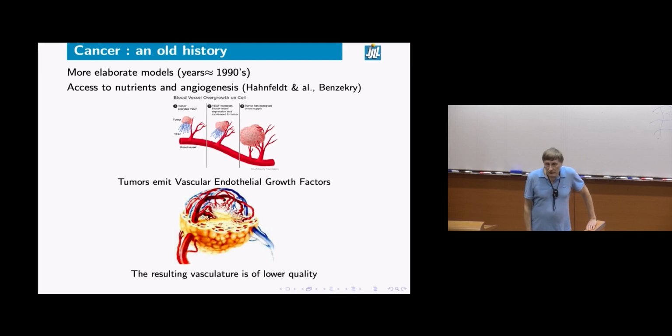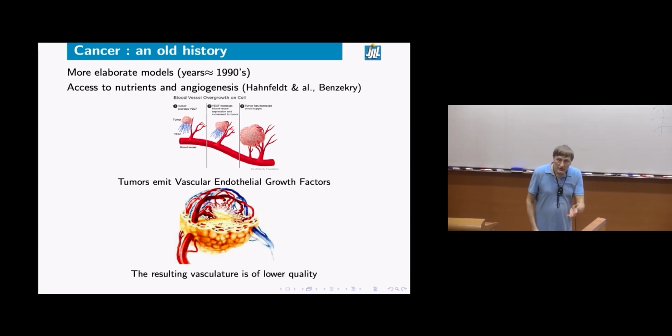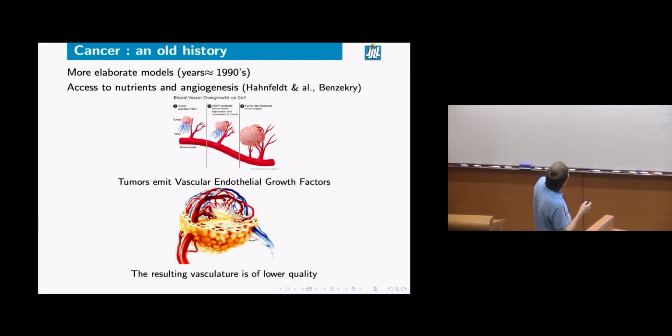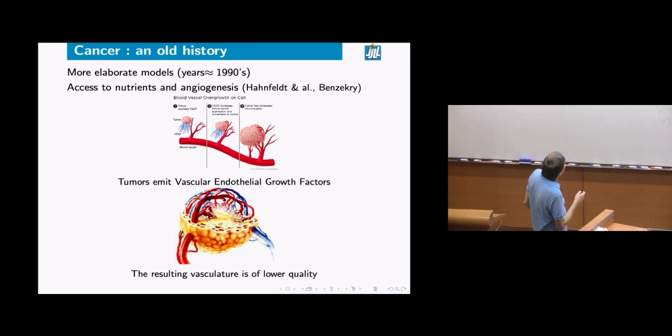So one idea for therapy to avoid cancer was not to kill the tumor cells, but to avoid this phenomenon of angiogenesis, to find drugs, molecules, which make that these blood vessels cannot develop any longer. So these are called anti-angiogenic molecules.